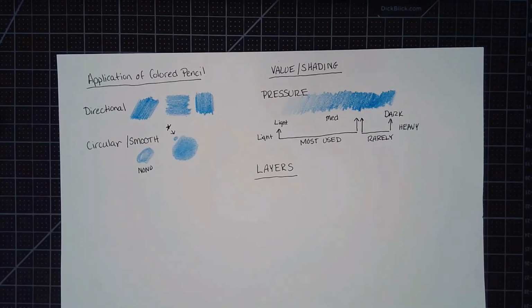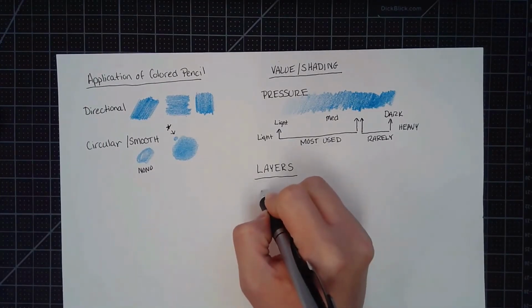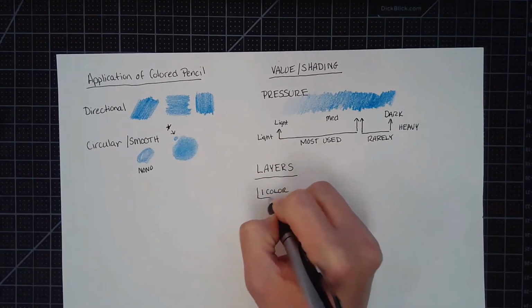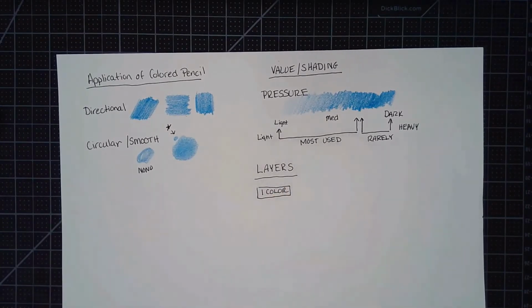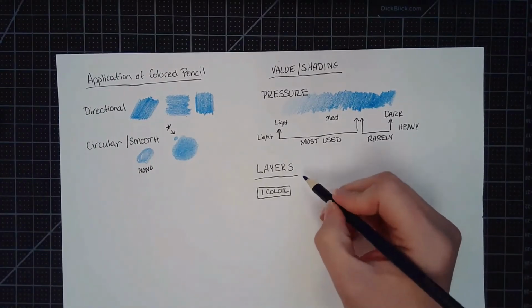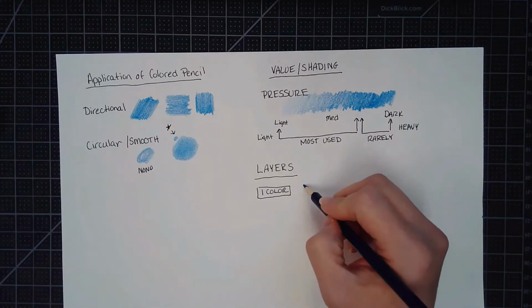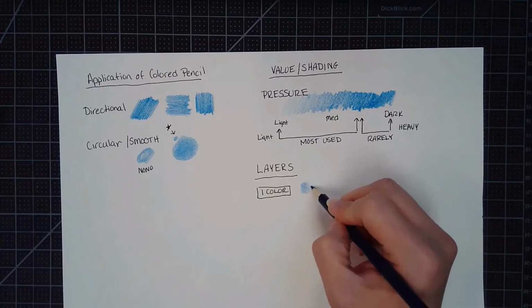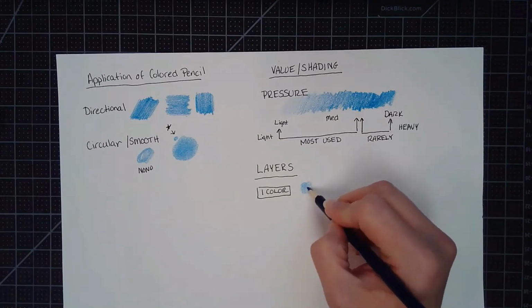So the first one we're going to go over in the layering technique is just using one color. And this is going to be similar to what we did with pressure, but now I'm going to practice my circular shading technique, and I'm going to apply it with more of a medium pressure, and I'm going to let it get lighter as I come across.